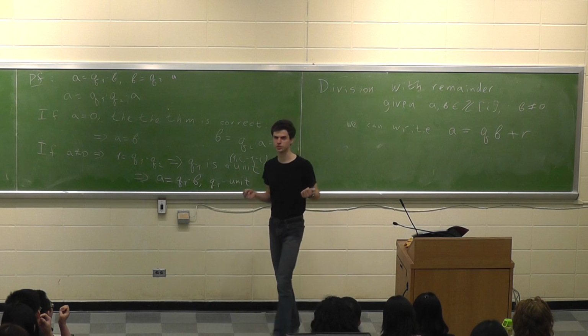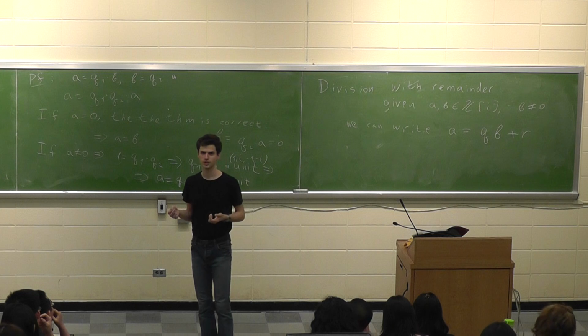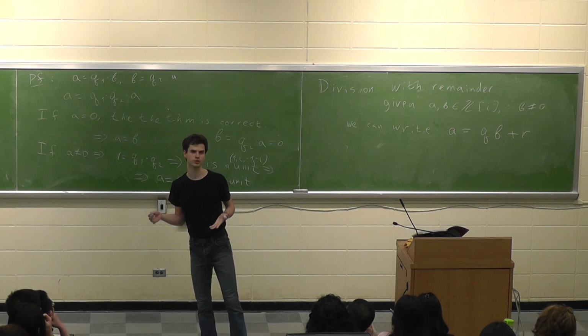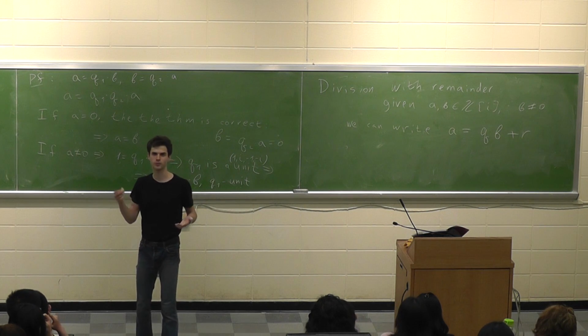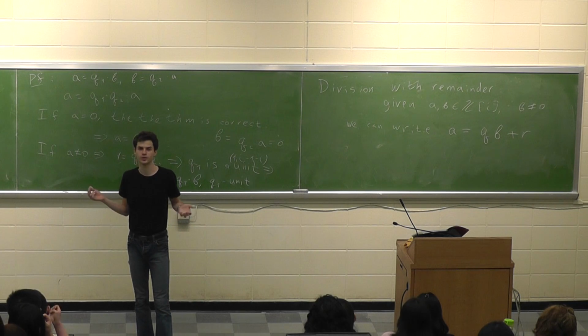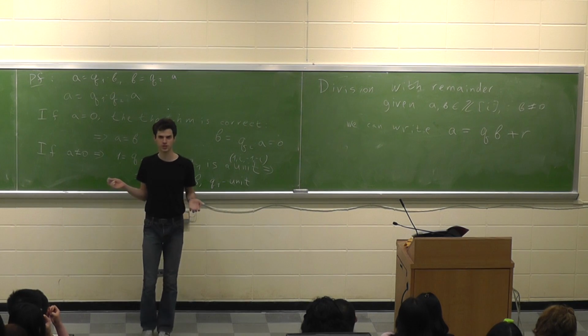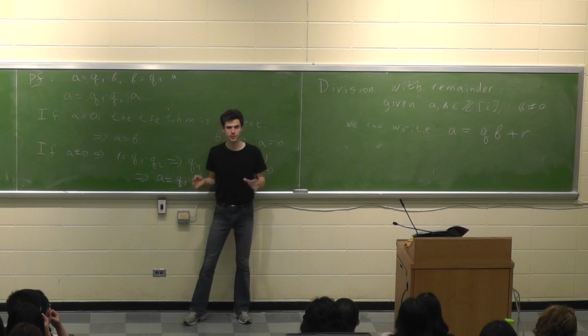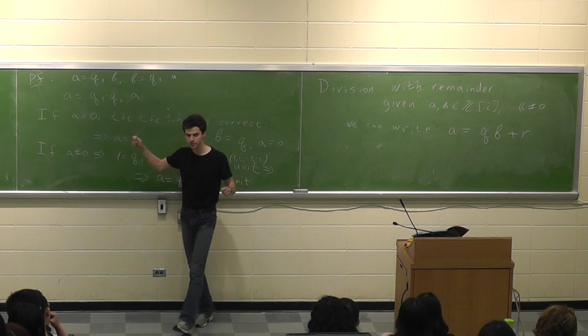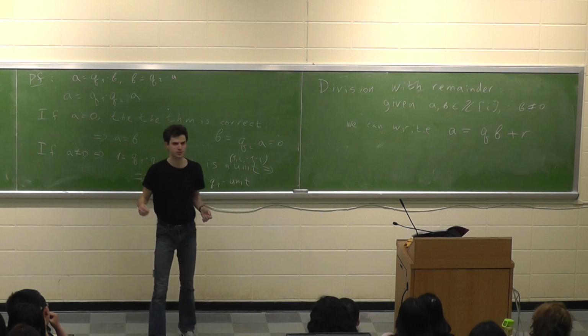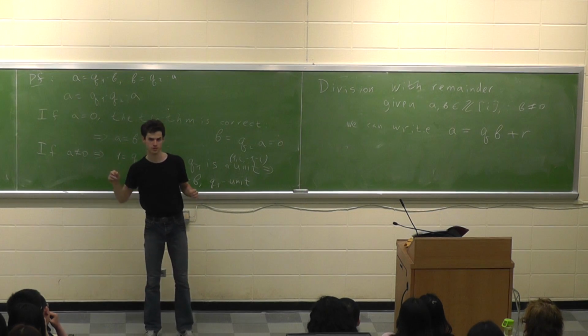In Gaussian integers, you can't really compare two numbers. You can't say which is bigger, 2 plus 3i or 4 plus 1. Well, the question doesn't really make sense, but we can compare the norms: how long is the vector from 0 to this number?